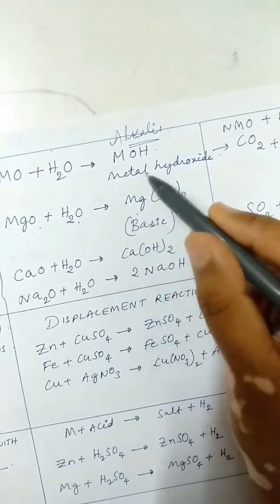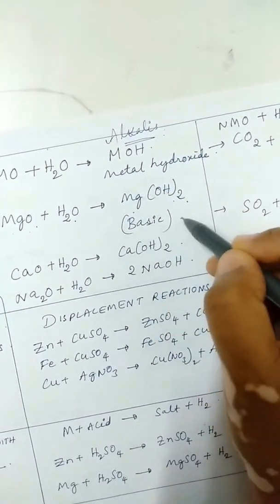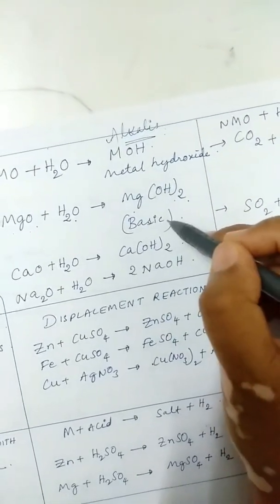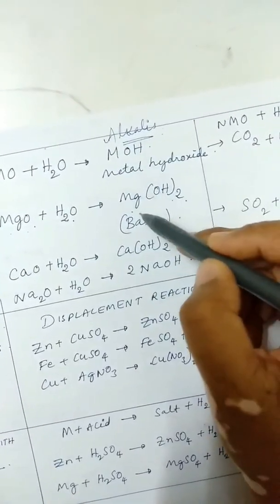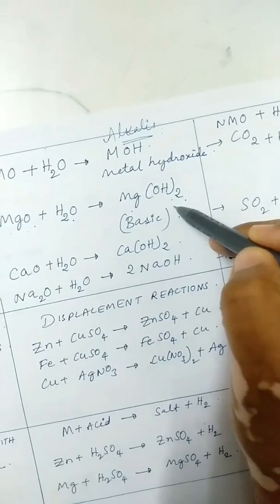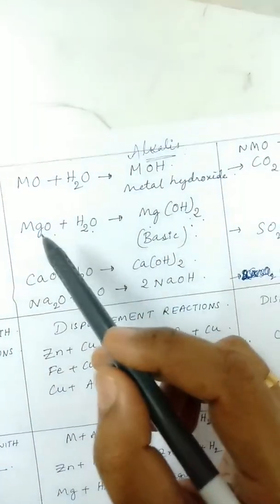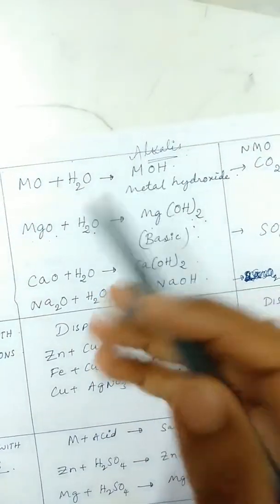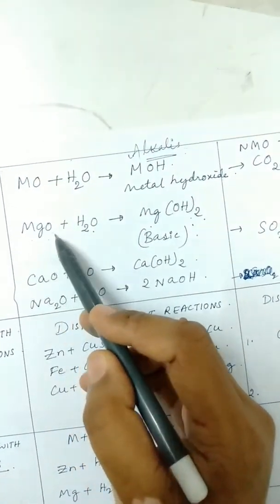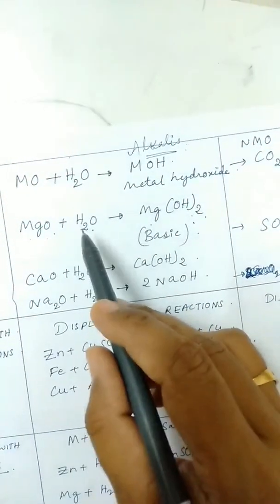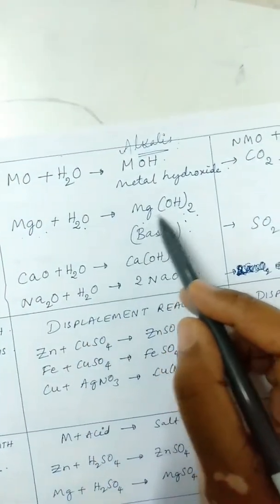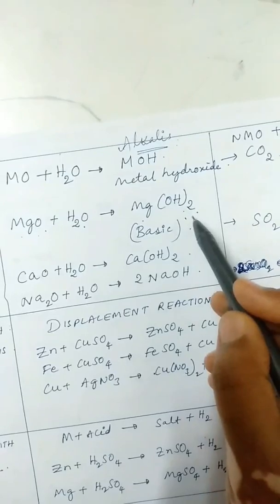The red litmus paper or solution will turn blue, indicating the basic nature of alkalis or metal hydroxides. I told you that magnesium burns in air and produces an ash-like substance called magnesium oxide. If you take that ash and dissolve it in water, it forms magnesium hydroxide.